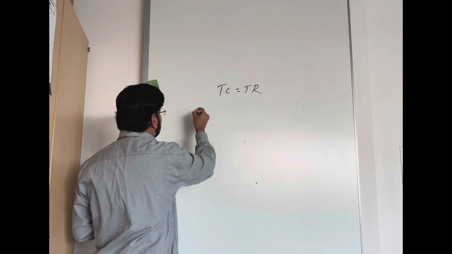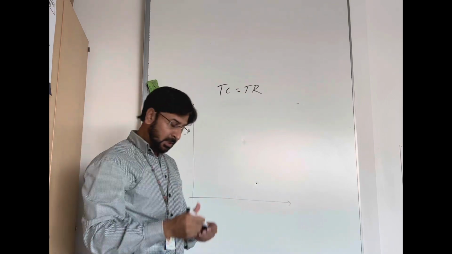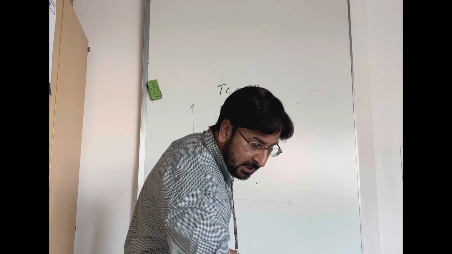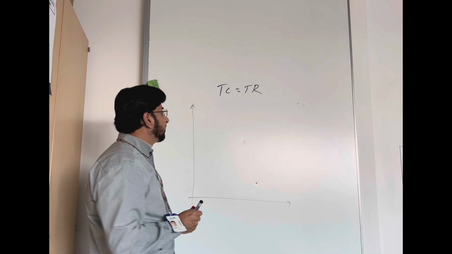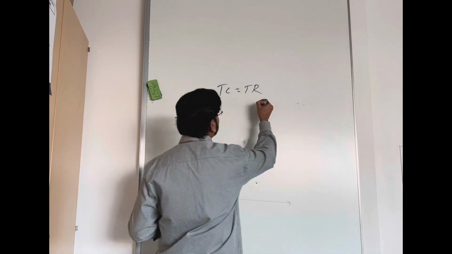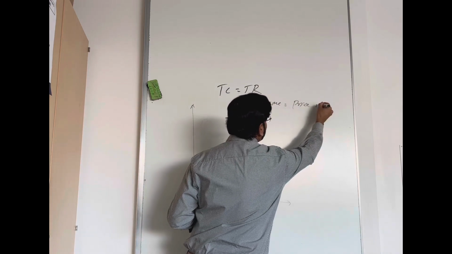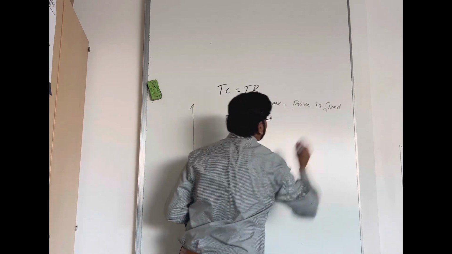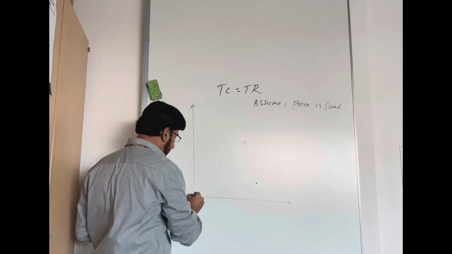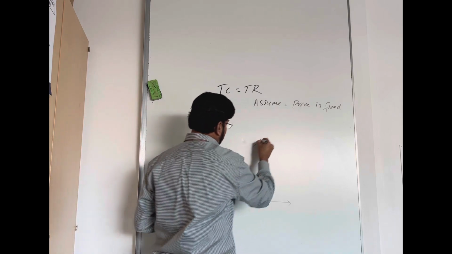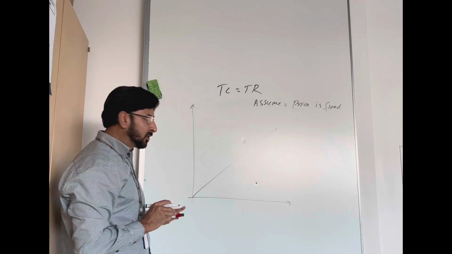To make it simple, I'm going to take the simple analysis where I assume price is fixed. When price is fixed, your revenue curve is going to be an upward sloping straight line originating from the origin.